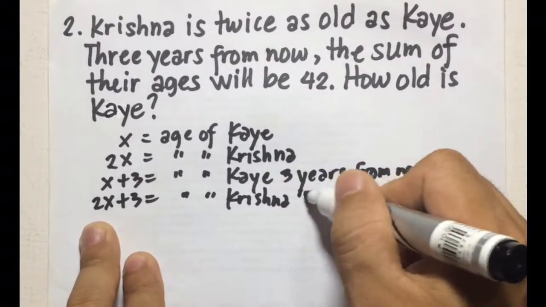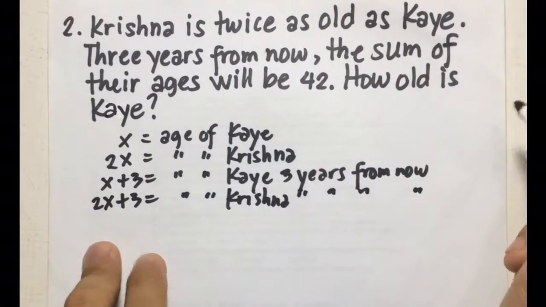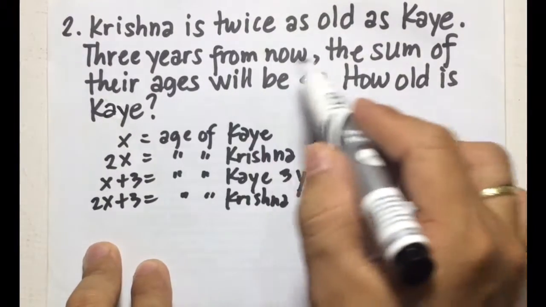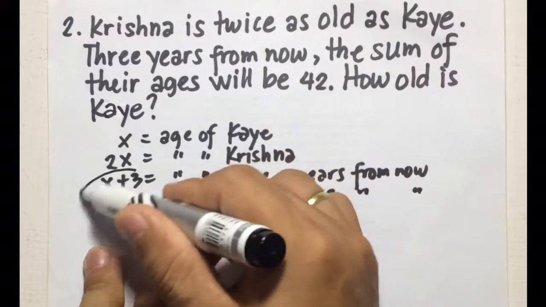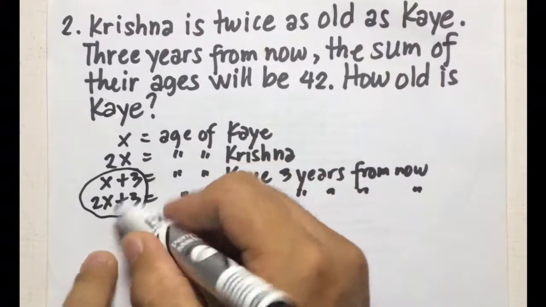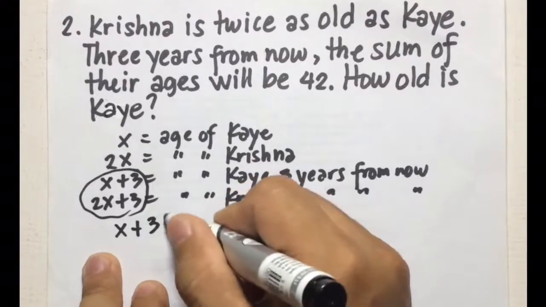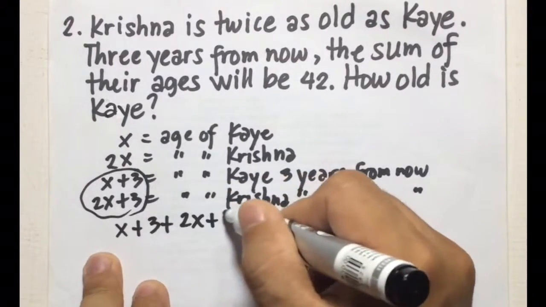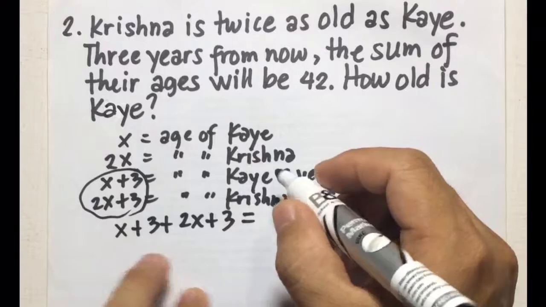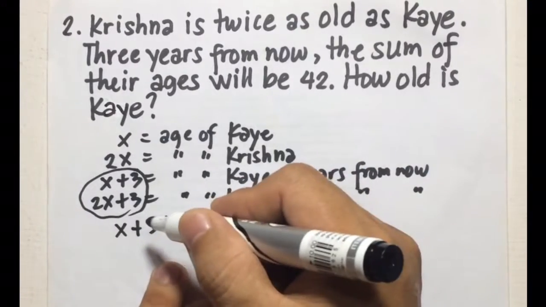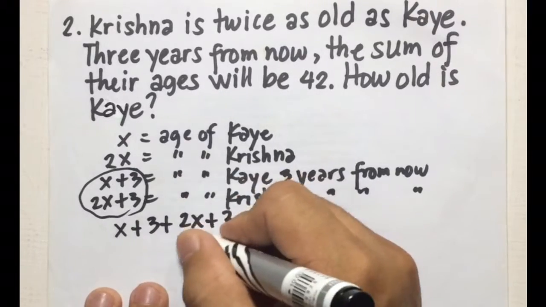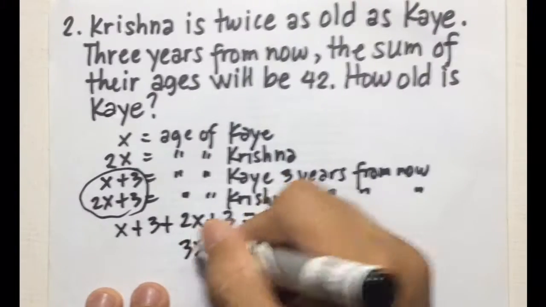This is 3 years from now. So the sum of their ages 3 years from now will be 42. So we're going to have X plus 3 plus 2X plus 3 equals 42.